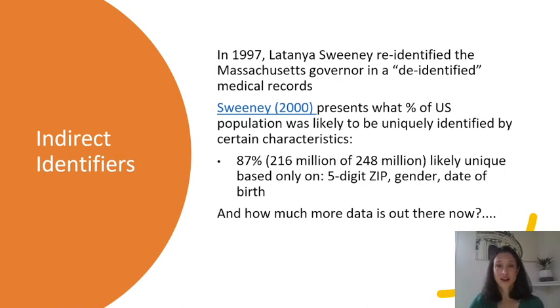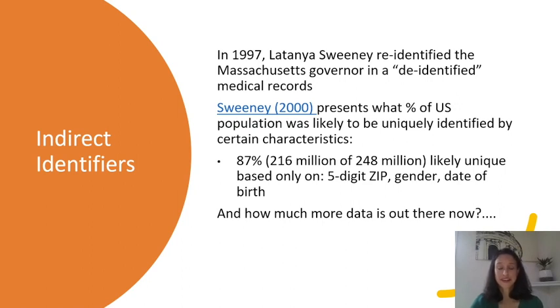other data sets that are available with not exactly the same information, but being able to link across those data sets actually increases the re-identification risk. She followed up this experience in 2000, writing about what percentage of the US population was likely to be uniquely identified by certain characteristics, and presented that at that time, 87% of the US population was likely unique based on 5-digit zip code, gender, and exact date of birth.